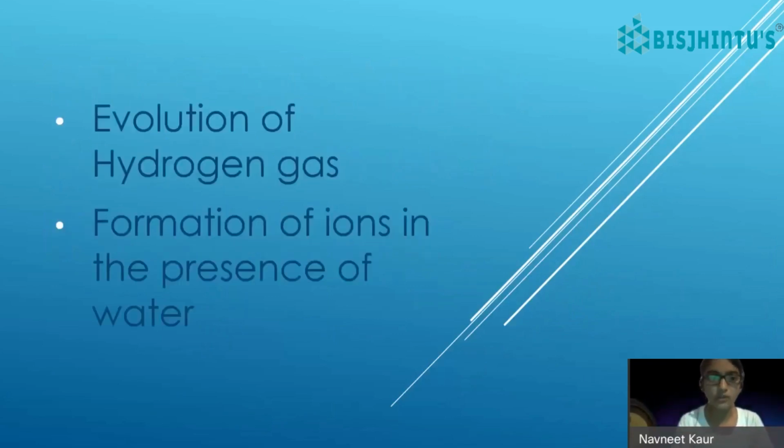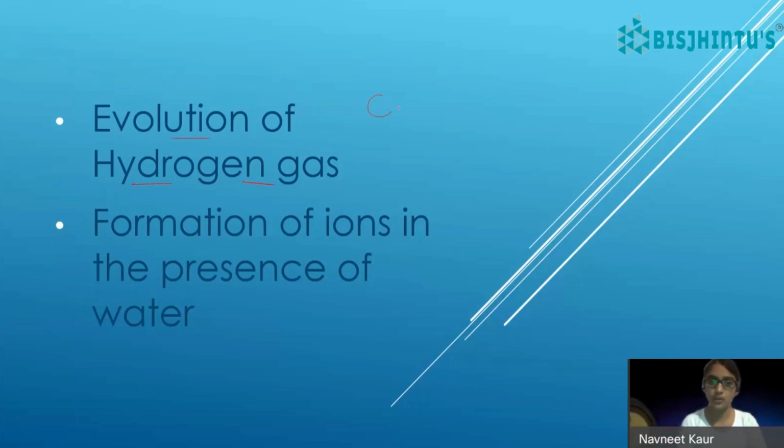Beginning with the topic, there are two things that are common in acid and base. The very first thing is evolution of hydrogen gas. In the previous lecture, I told you about the chemical reactions which take place between the acid and certain compounds, and the base and certain compounds.